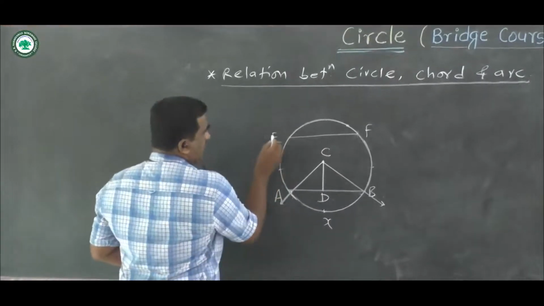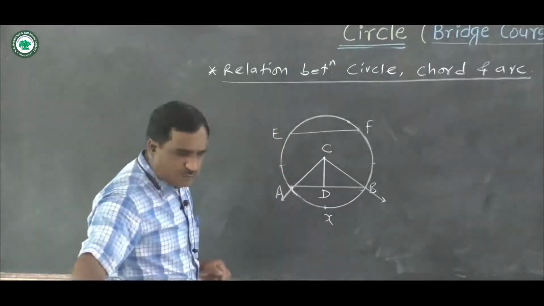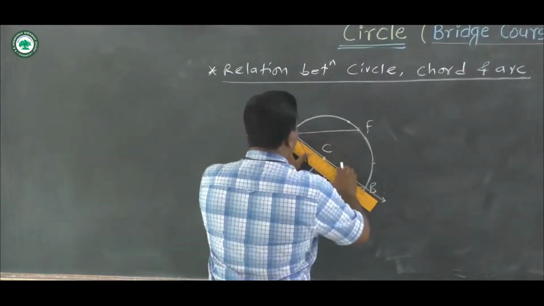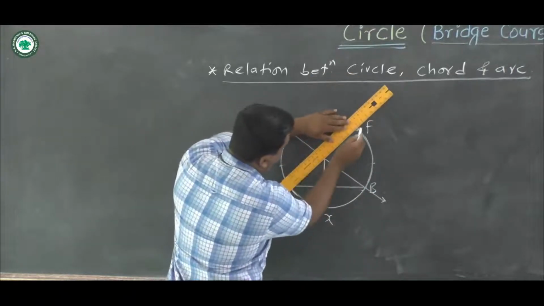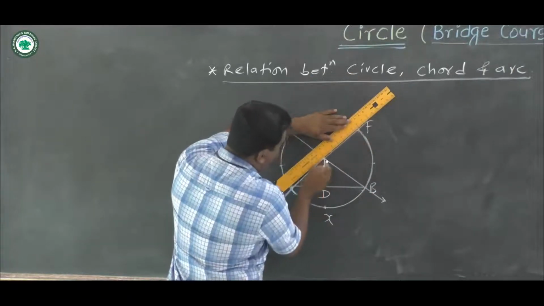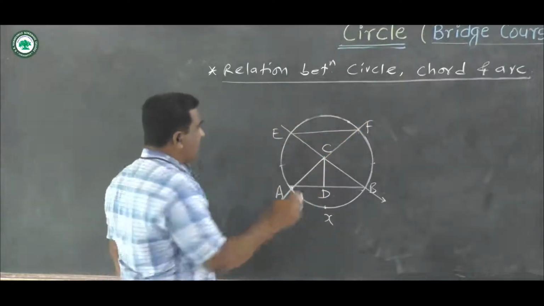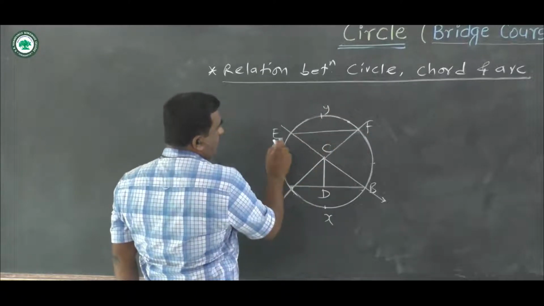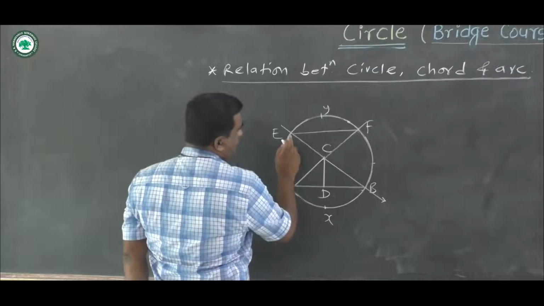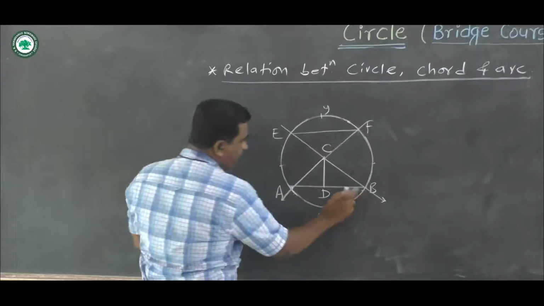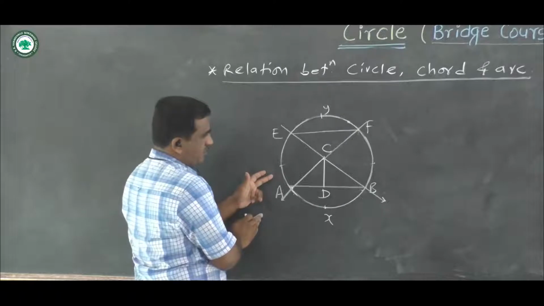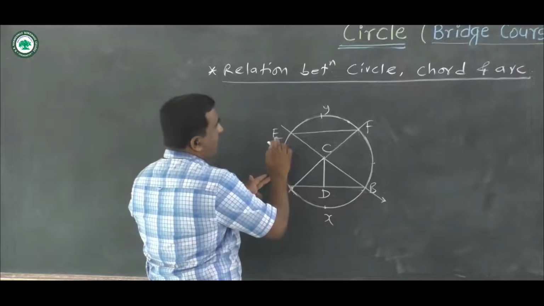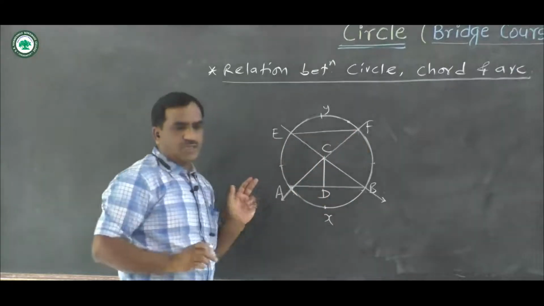Then we can join these 2 points, point C and point F, and we get here arc EYF. Chord EF and chord AB are congruent chords. Therefore, the arc AXB and arc EYF are also congruent.